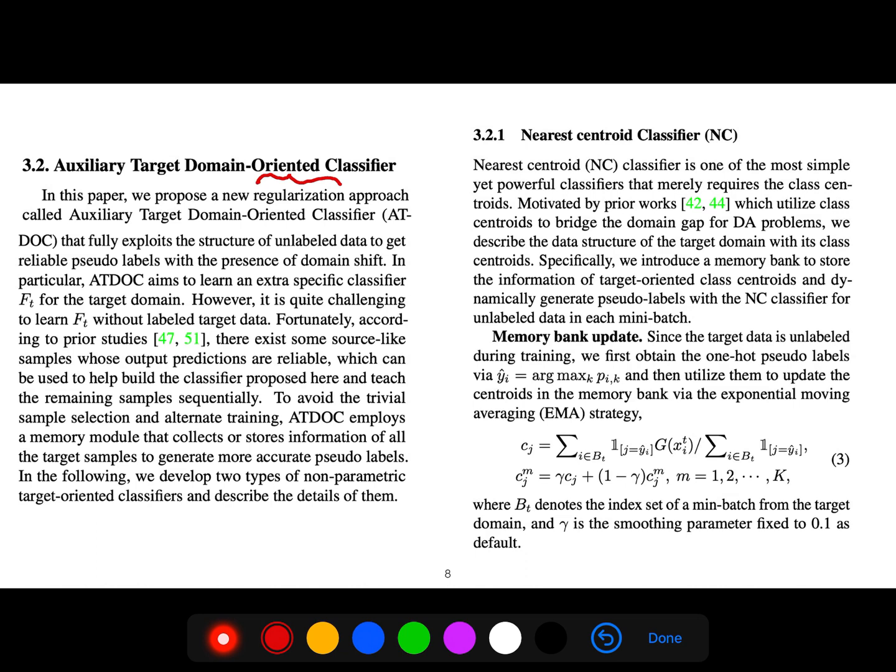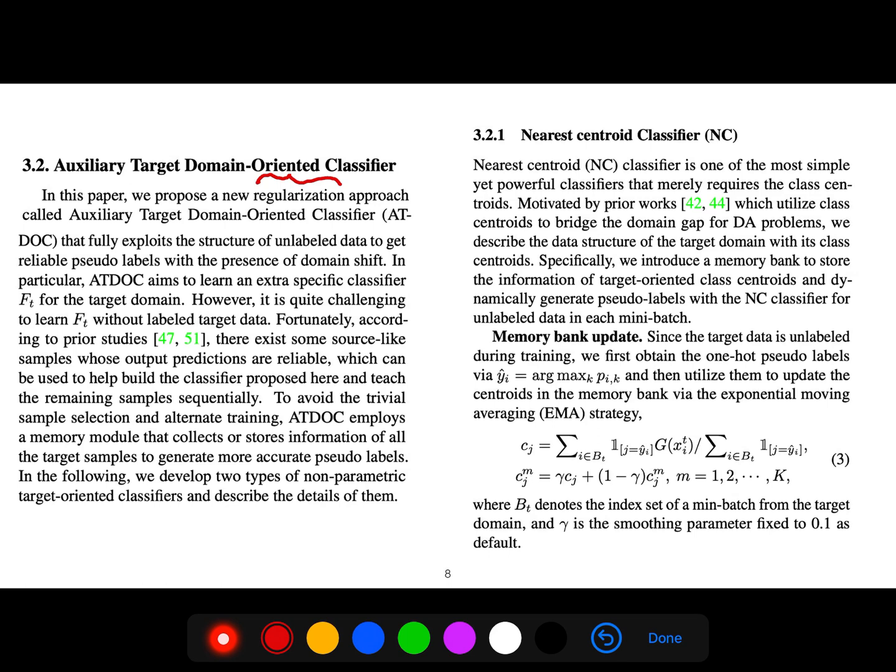Fortunately, there exist some source-like samples whose output predictions are reliable, which can be used to help build the proposed classifier and teach the remaining samples sequentially. To avoid trivial sample selection and alternate training, ATDOC employs a memory module that stores information of all target samples to generate more accurate pseudo-labels.